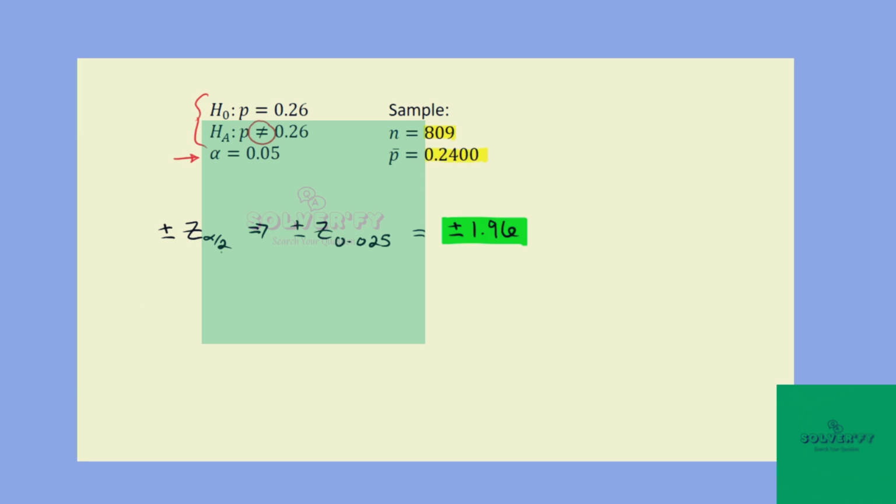The second question is, what is the value of the test statistic? Now for this situation, our test statistic follows the standard normal distribution, and it's given by this formula. It's the sample proportion minus the null hypothesized proportion divided by the square root of the null hypothesized proportion times 1 minus this proportion over the sample size.